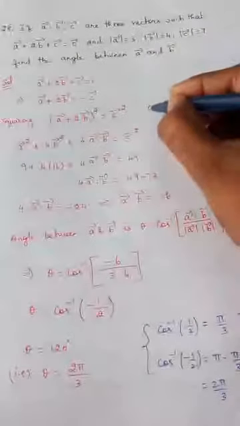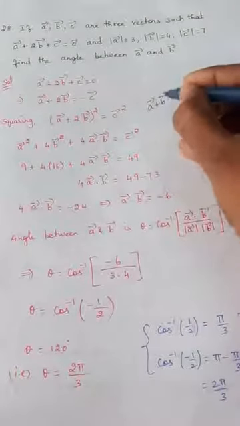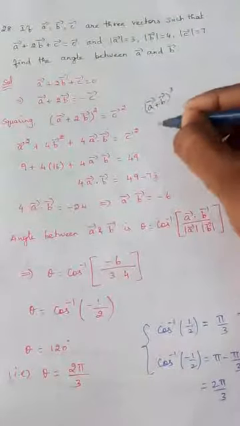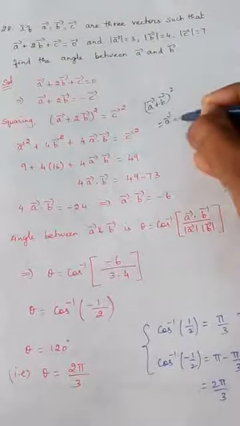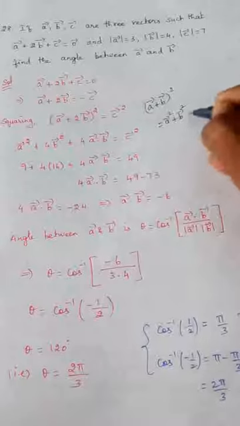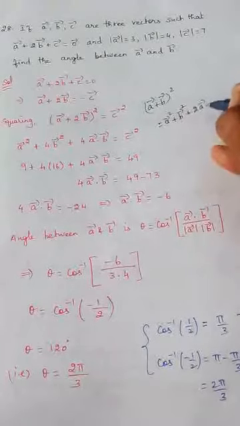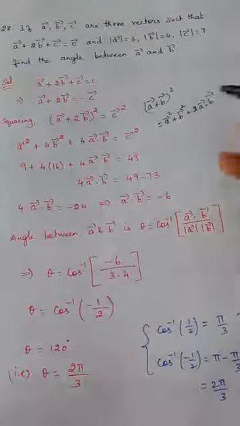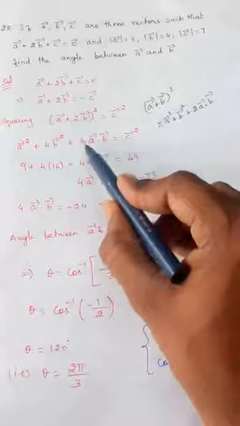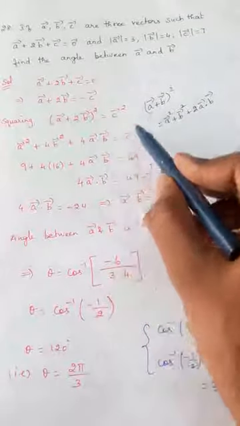What is the formula for A vector plus B vector whole square? The formula is A vector square plus B vector square plus 2 A vector dot B vector. That is why we put a dot here, 4 A vector dot B vector, and this is written as it is.